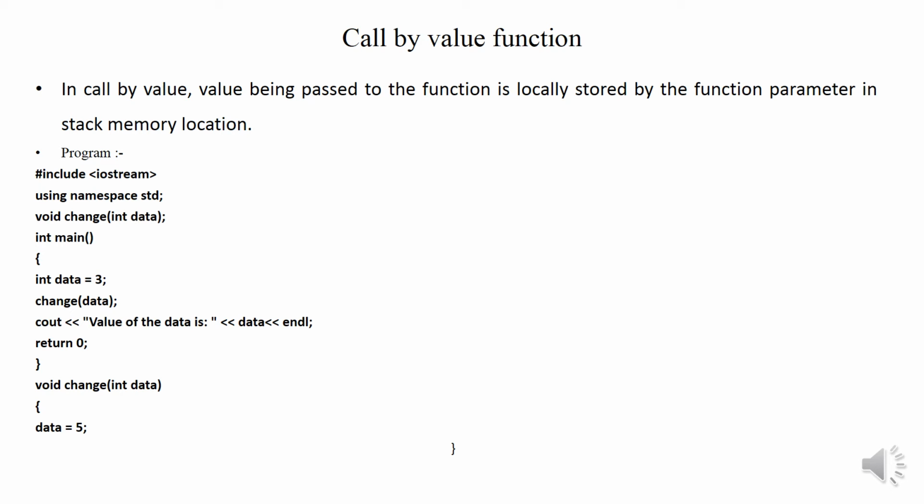In the curly braces, data is equal to 5. So in the main program, data is equal to 3. We pass the value 3 with the function. So friends, execute that program. What is the output of that program? Please check it.